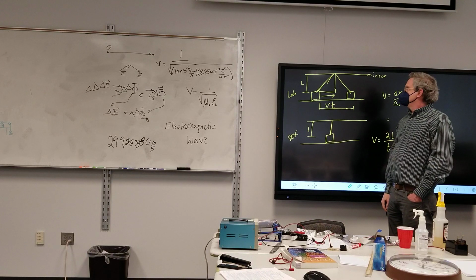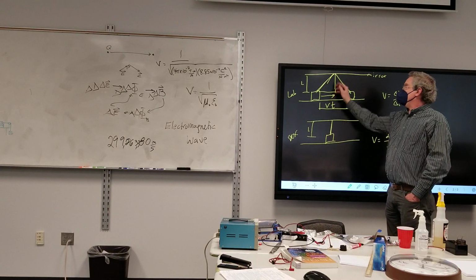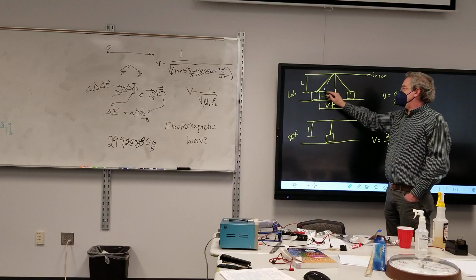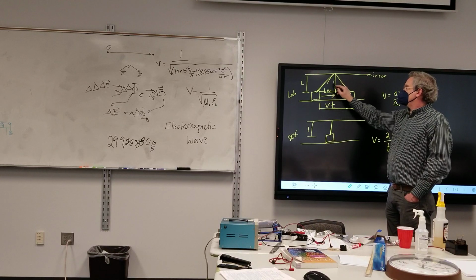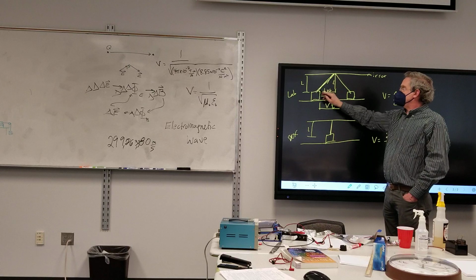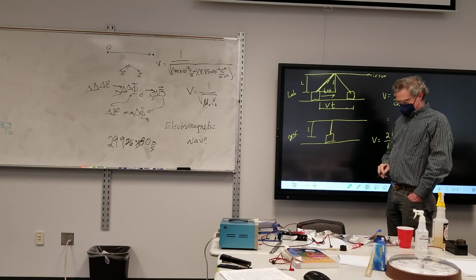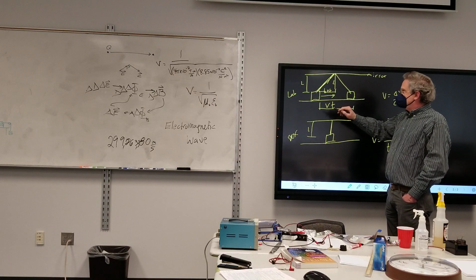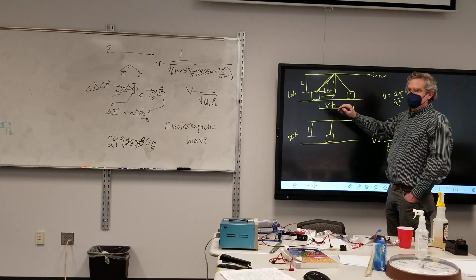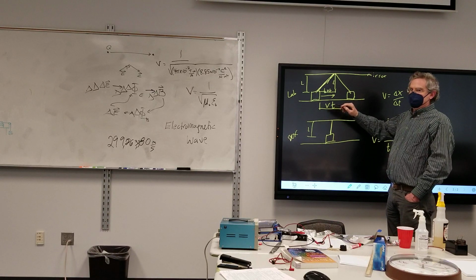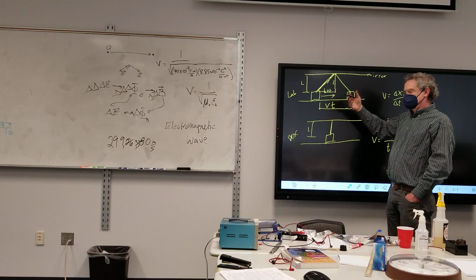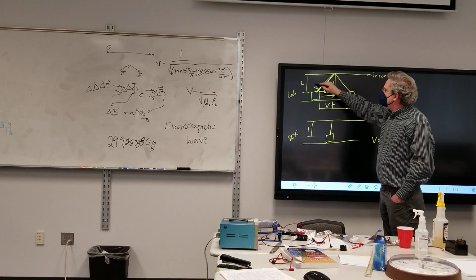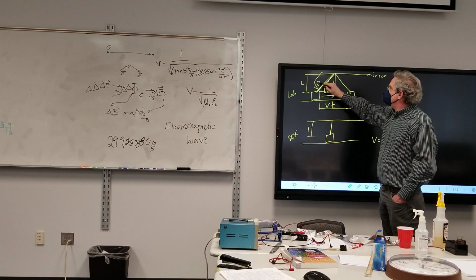If the halfway point is where that point would be, this would be half of VT. This is length L, so what would be the hypotenuse here? L squared plus 1/4 V squared T squared. Yes, there you go. So the square root of L squared plus 1/4 V squared T squared.